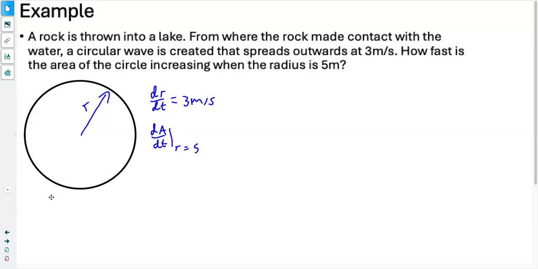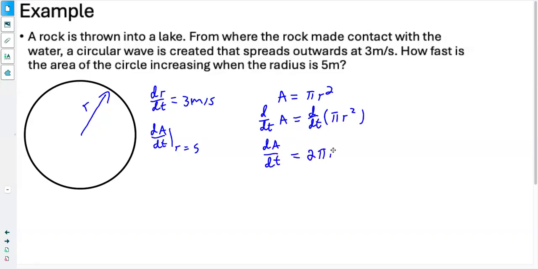Now, in this case, the only equation that's really applicable is the area of a circle. So our area is pi r squared. Now we'll take the derivative of both sides. So d/dt of A equals d/dt of pi r squared. So dA/dt is going to be 2 pi r times dr/dt.